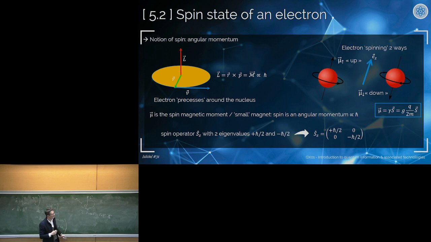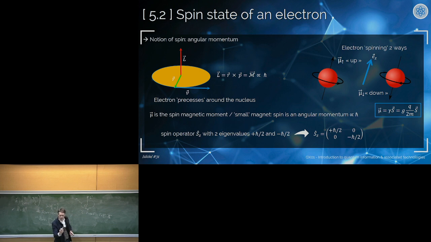And so this angular momentum here could be seen as the electron precesses around the nucleus, the same way. This is wrong, but this is a nice view of seeing it. In practice, it doesn't actually look like that, but again, it's a nice view. So you can see the electron precessing around the nucleus, like Earth around the Sun.